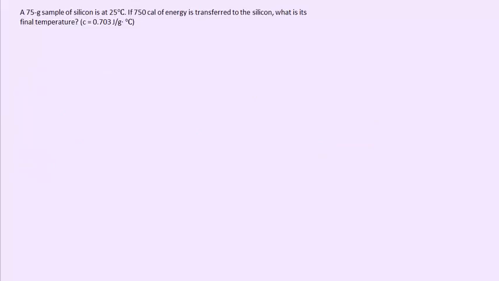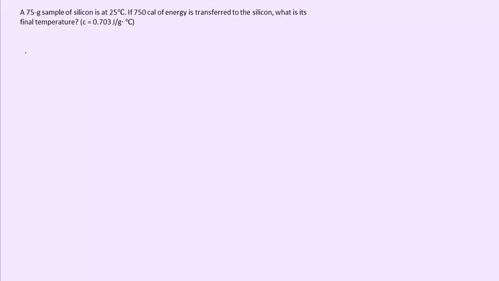In our second example, we're given a 75 gram sample of silicone at a temperature of 25 degrees Celsius. If 750 calories of energy is transferred into the silicone, what is its final temperature? And we're given that the specific heat of silicone is equal to 0.703 joules per gram degrees Celsius.